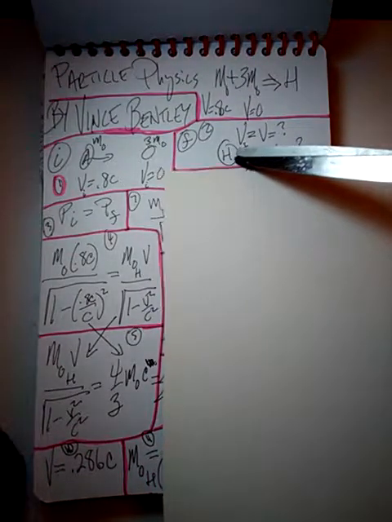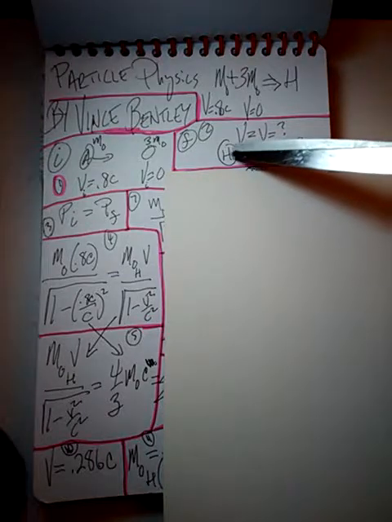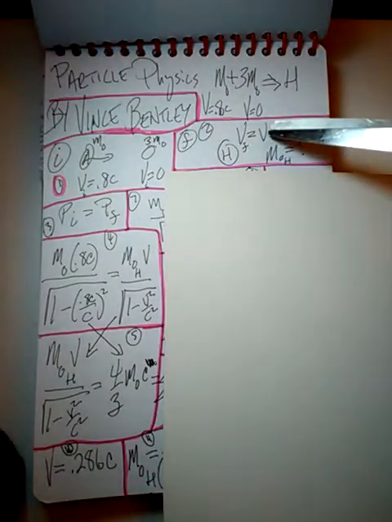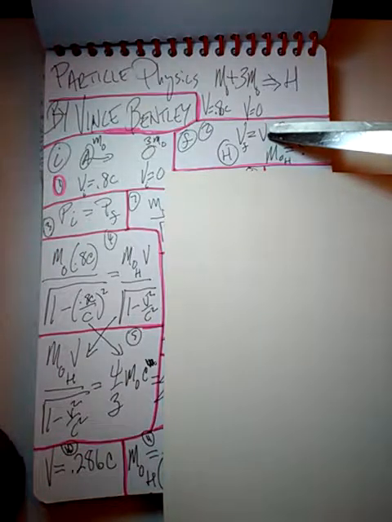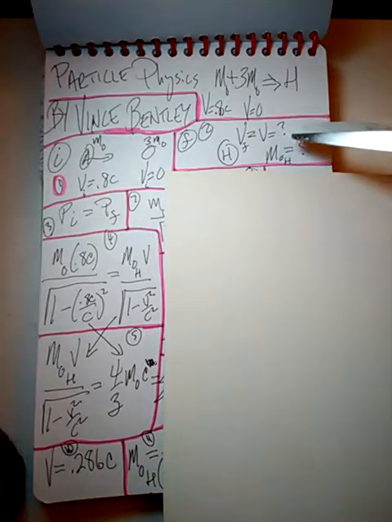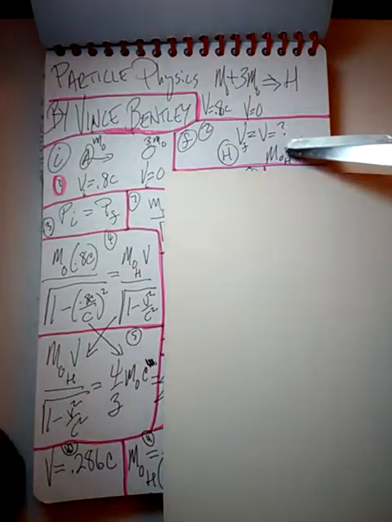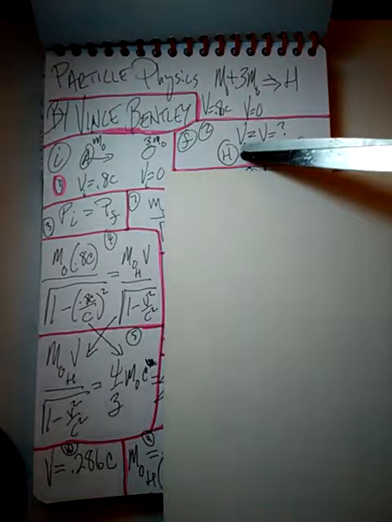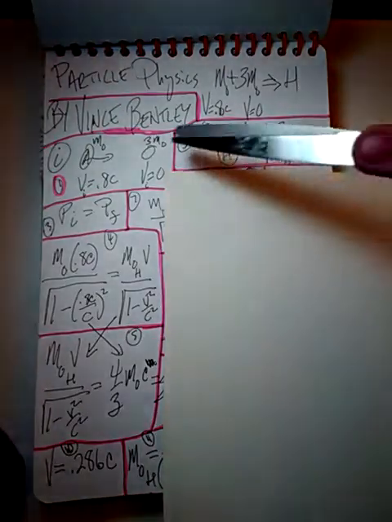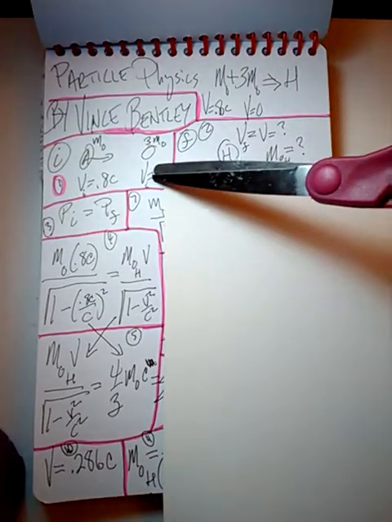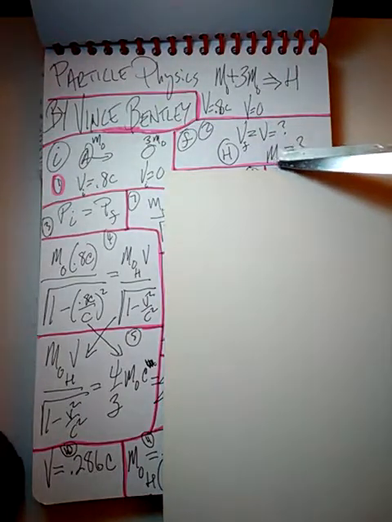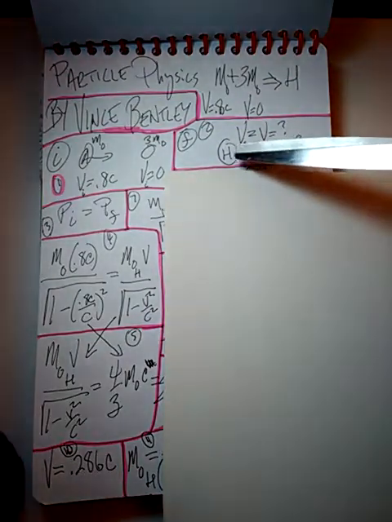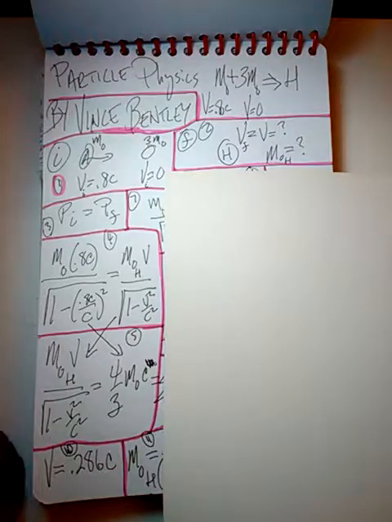Afterwards, we have Mr. H, and Mr. H will be moving at a velocity that we don't know, and that we want to figure out. And we'd also like to figure out the mass of the resulting particle that is made by these two particles fusing together. So the rest mass of the resultant particle we'd like to know also.